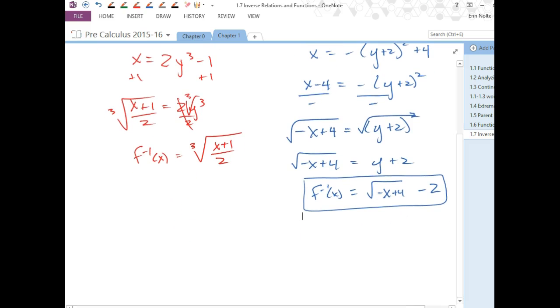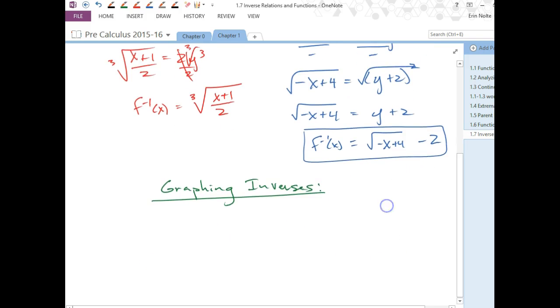Alright, so the second half to this is graphing. So they want you to be able to find inverses graphically. So I'm going to show you what happens here.